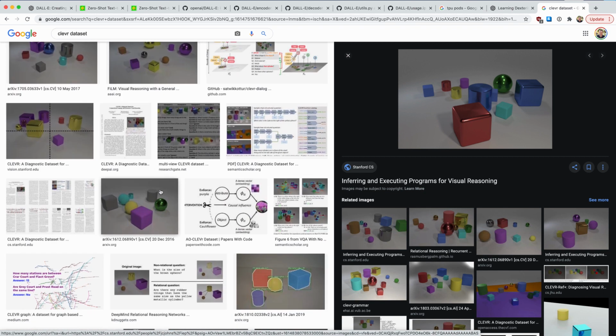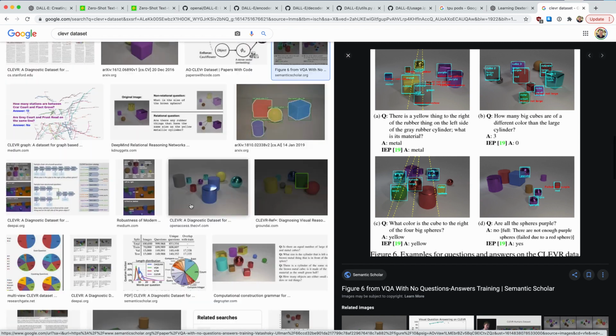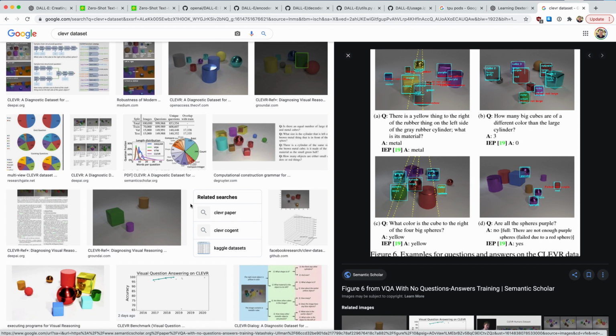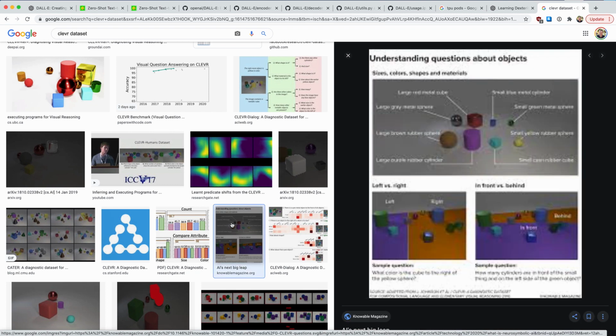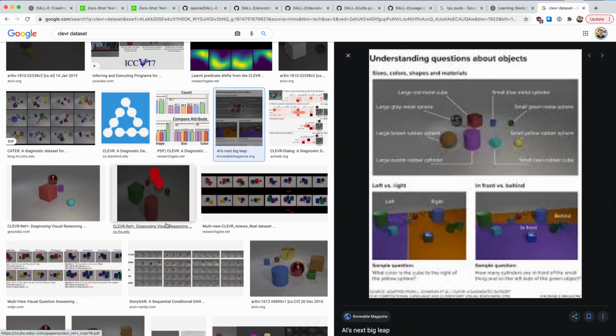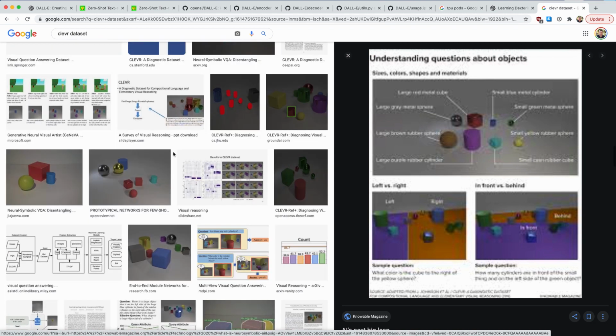But from my experience in that project, it's really tough to generate synthetic data that actually covers the full scope of things that you'd like to do. We can get photorealistic renderings, and that works pretty well. But the hard part to generate automatically is both realistic language and realistic scenes with interesting compositions of objects.